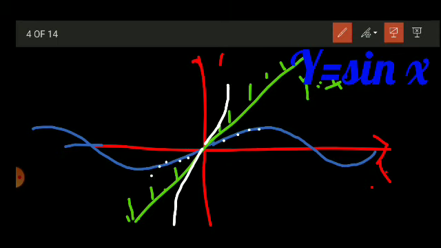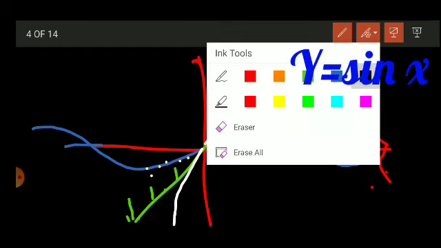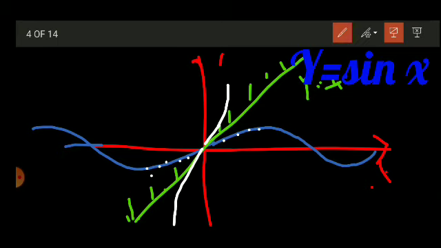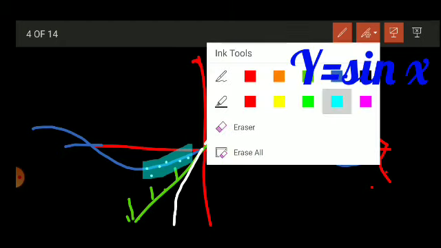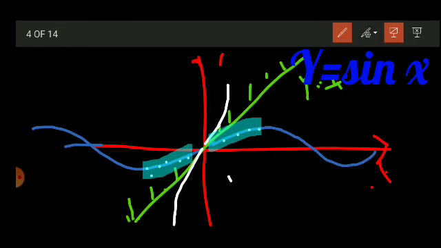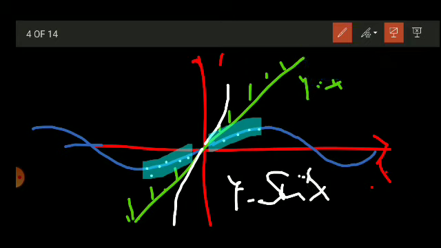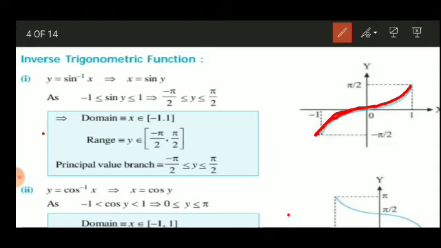So we recall, as we are taking the image of this portion only, this is the graph y equal to sin inverse x. Here sin inverse x does not mean 1 by sin x. Sin inverse x is the inverse function.